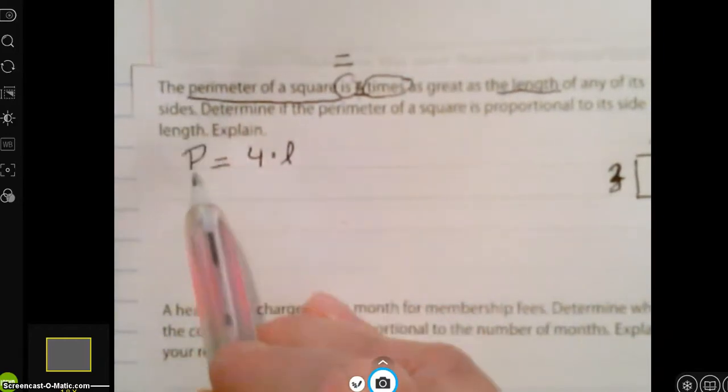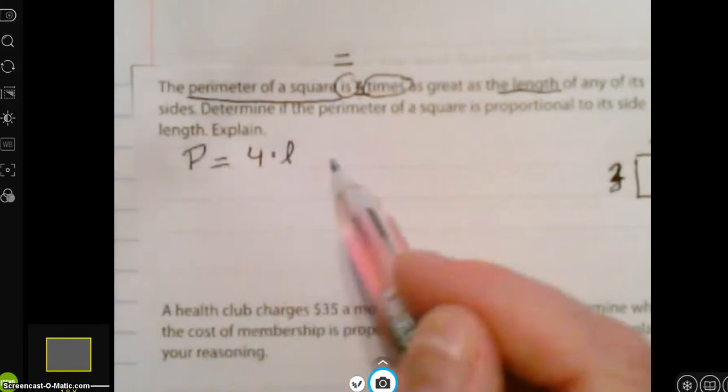The perimeter is 4 times the length of the side. You could put an S, I don't, just because my S's a lot of times look like 5s. So this is my equation.